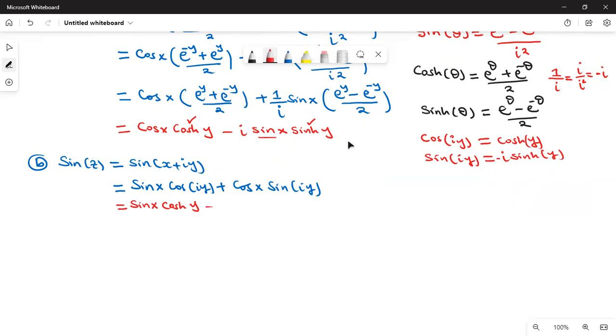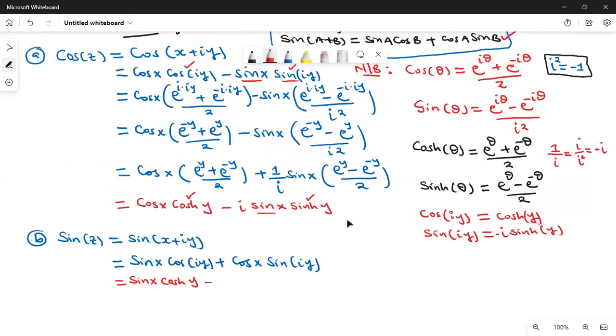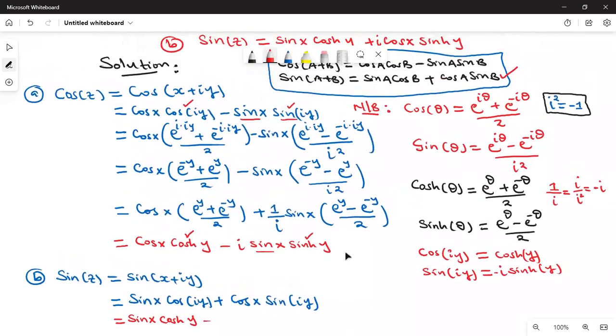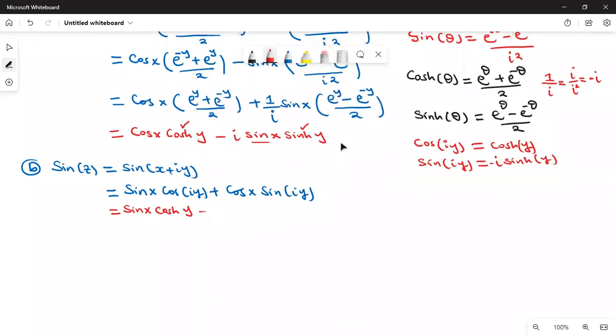You see the comparison? Not negative, that is positive. So just change that, not negative, it should be positive. So plus i, this is cosine of x, sine iota y, I already have cut out for the iota, so this is sine hyperbolic of y. So we have shown.